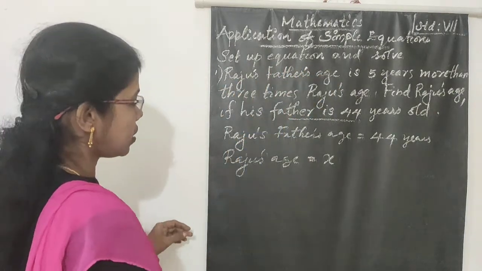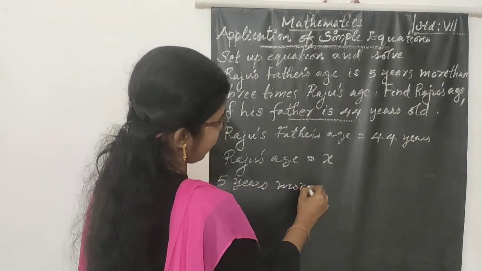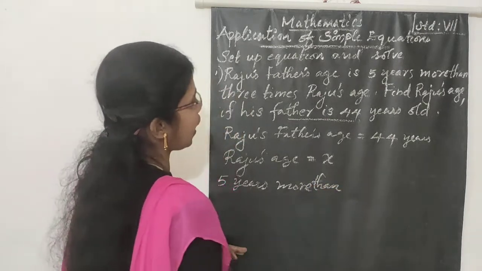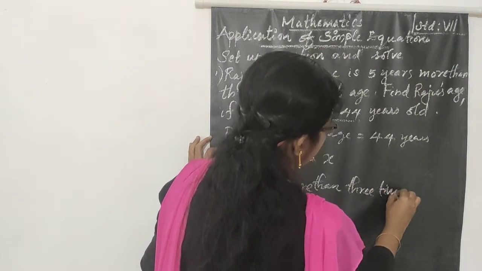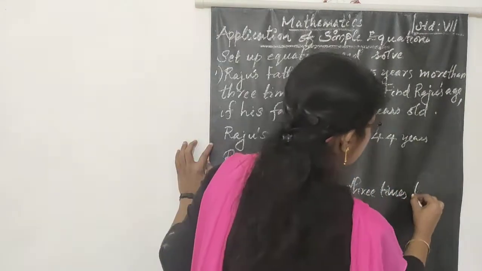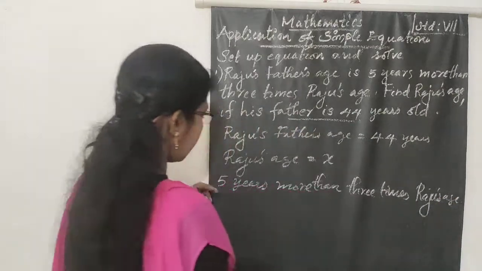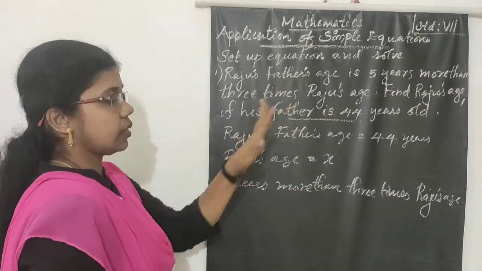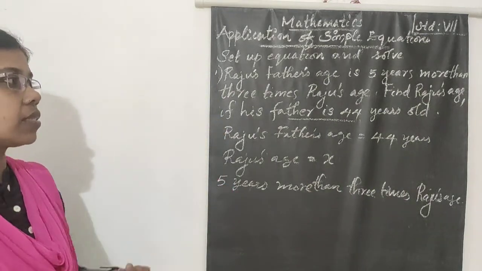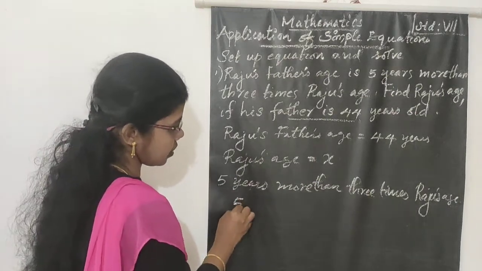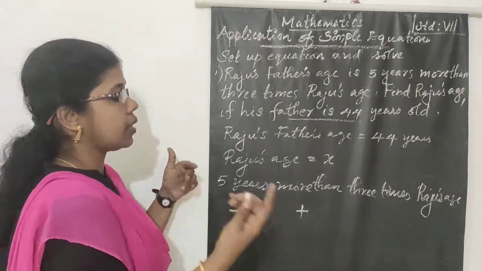Raju's father's age is 5 years more than 3 times Raju's age. 5 years more than means plus 5.